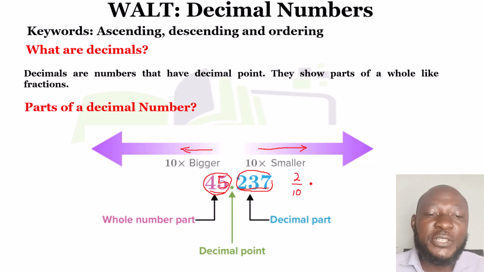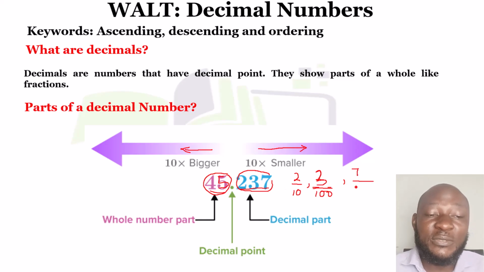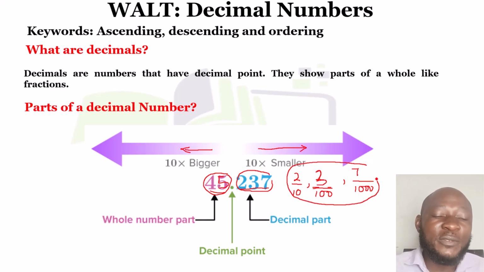While the next digit here is 3 over 10 times 10, which is 100. Well, the last digit there is 7. 7 here is 7 divided by 100 times 10, which is 1000. So in the course of this lesson, you will understand more why we had to divide by 10, 100, and 1000 in the decimal part.